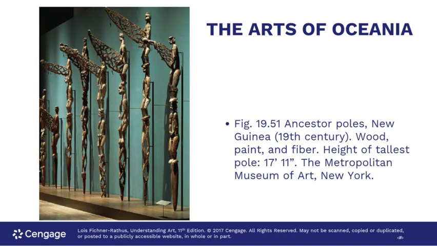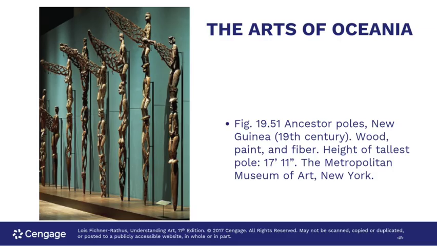So you may be a little bit more familiar with the areas of Papua New Guinea and West Papua, and those areas are now part of Indonesia. And these are some carved wooden poles by the Asmat people of Papua who inhabit the southwest coastal region of the island.